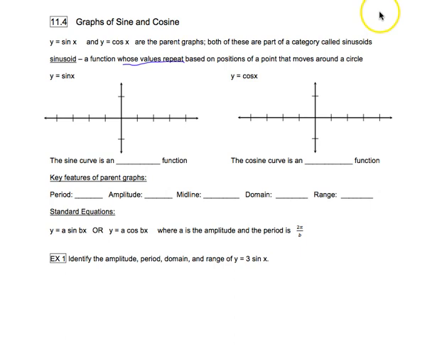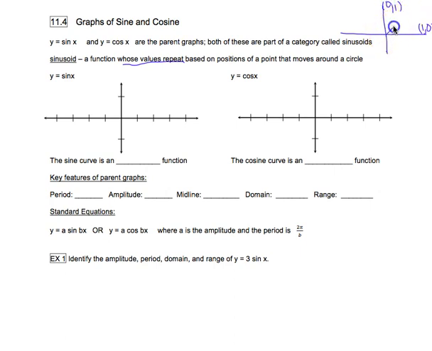So I'm just going to draw a little bit of the unit circle here. On the unit circle, remember that the radius is 1. So if you look at 0 or 2 pi, the ordered pair is (1, 0). Here it's (0, 1).